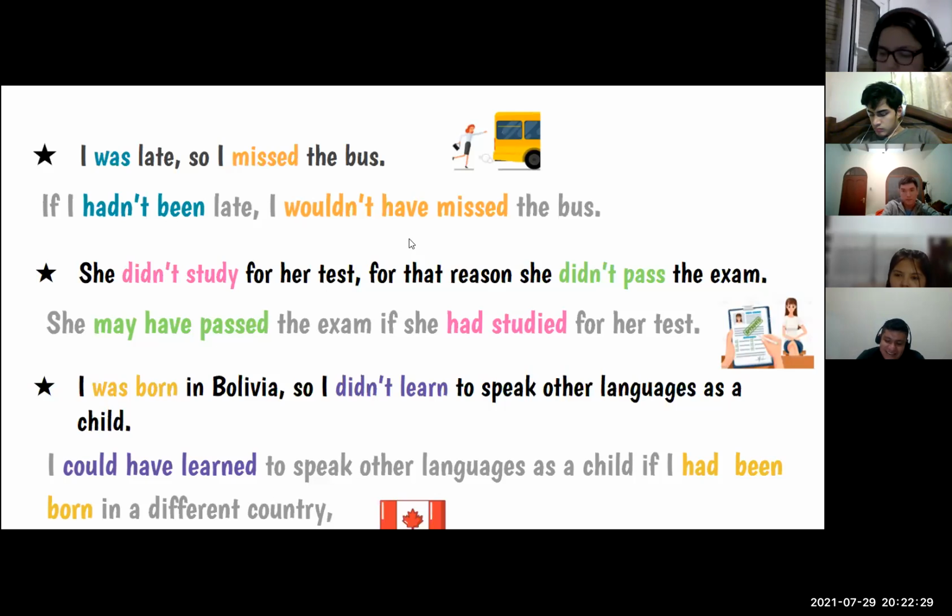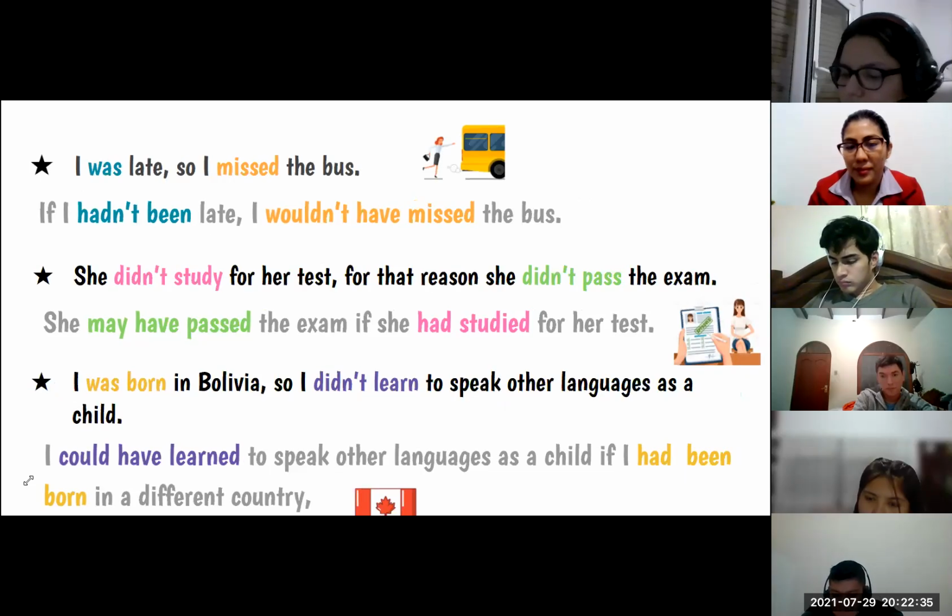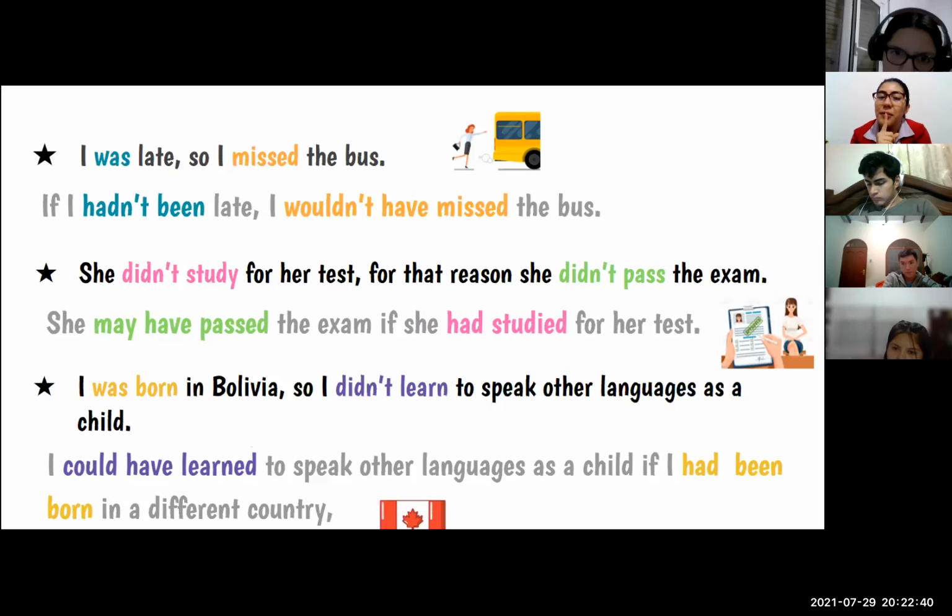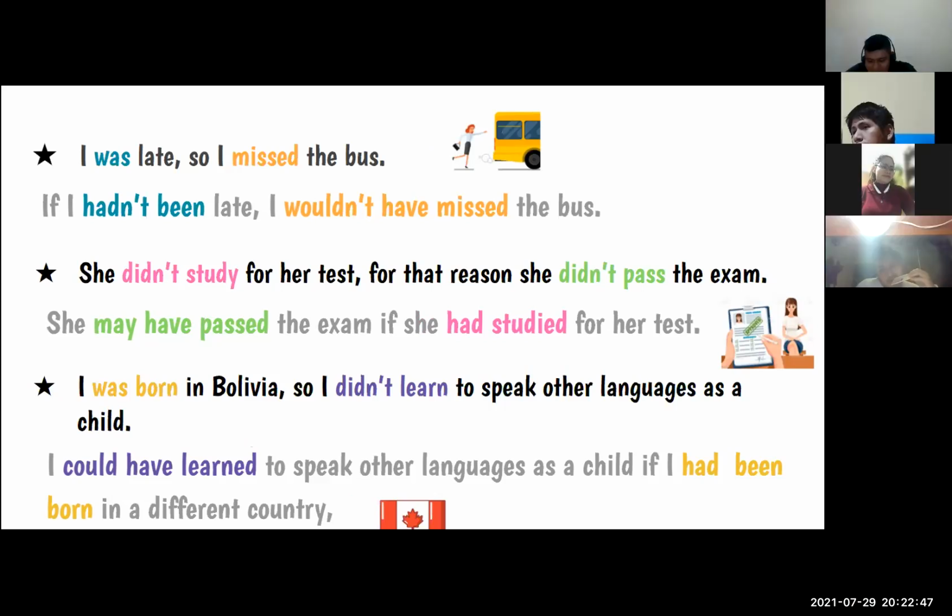Me, teacher, please. If I had time, I would have got exercise. I would have, y el verbo en past participle. I would have gotten. I got it. Yes, gotten exercise. Okay. Anybody else?